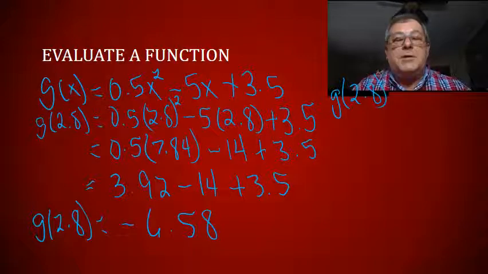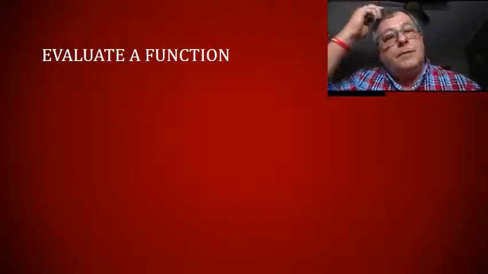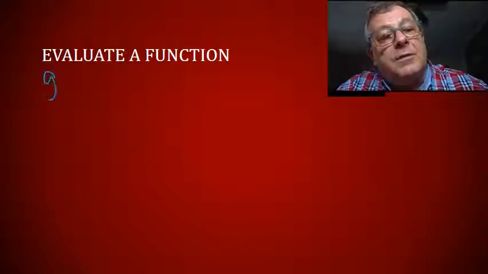All right, we'll move over here to the next slide and evaluate a function with a little bit different twist on it. Okay, well, let's tackle guided practice 4B on page 64. And we've got the same function, g of x.